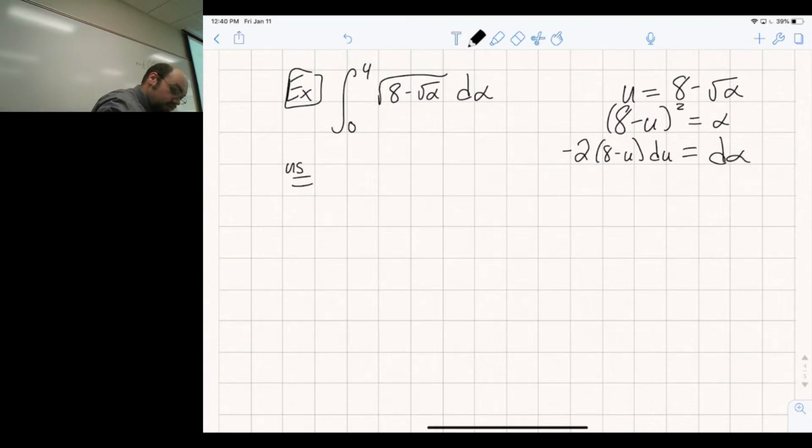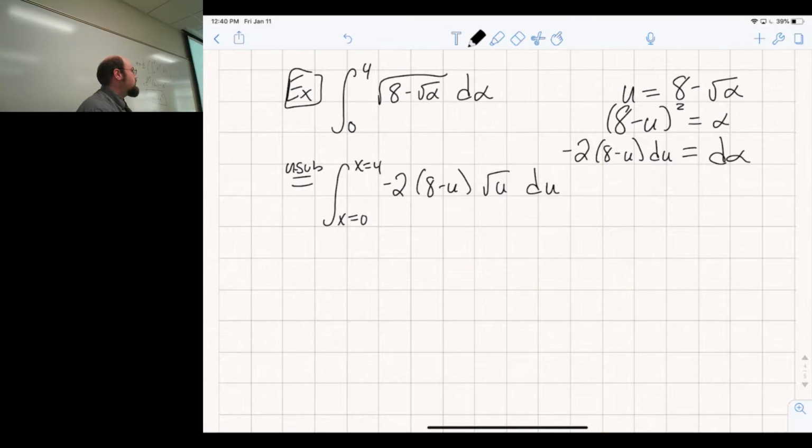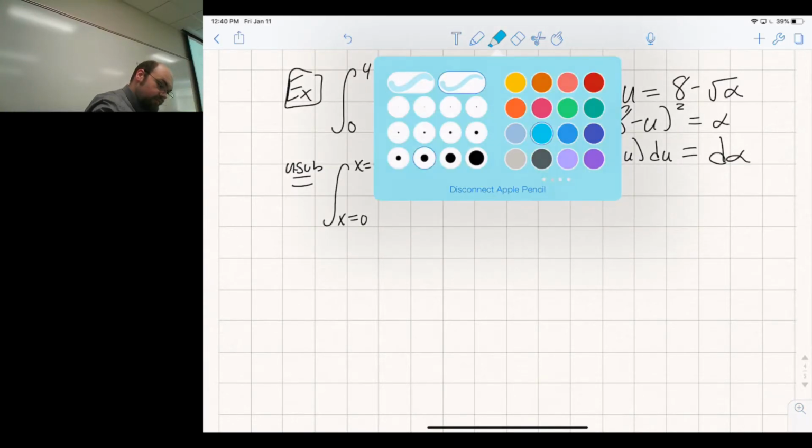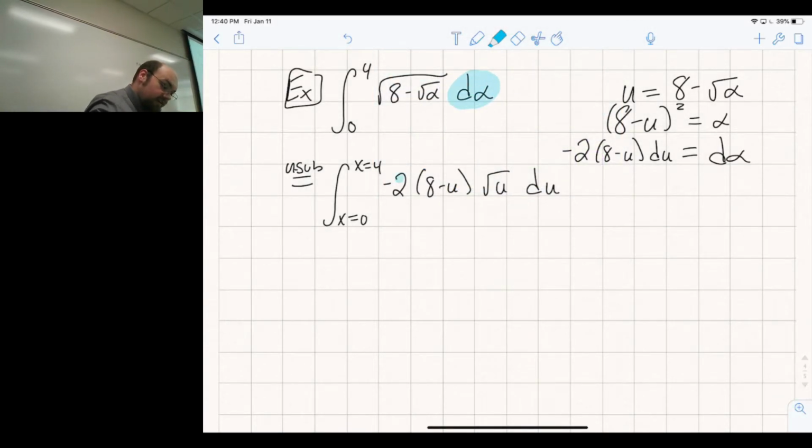So watch what happens. By u substitution, I get the integral from x equals 0 to x equals 4, and this is going to become negative 2 times (8 minus u) times the square root of u, du, because d alpha is that right there.